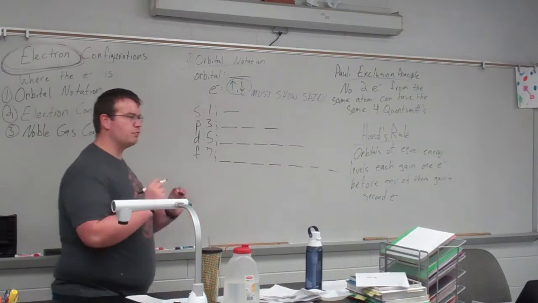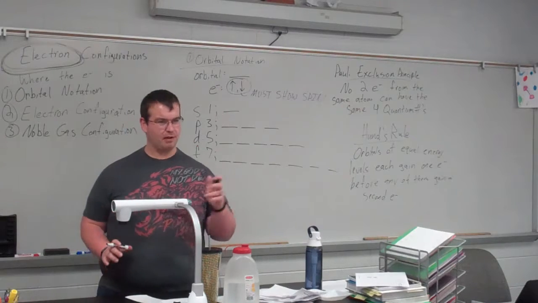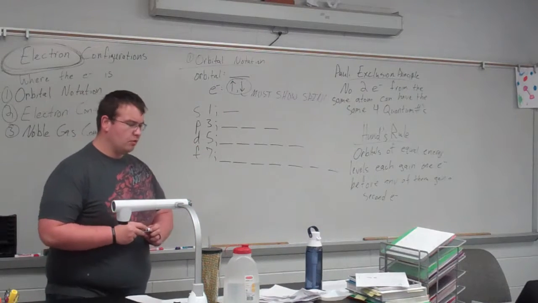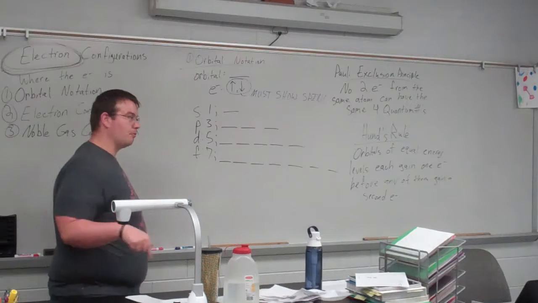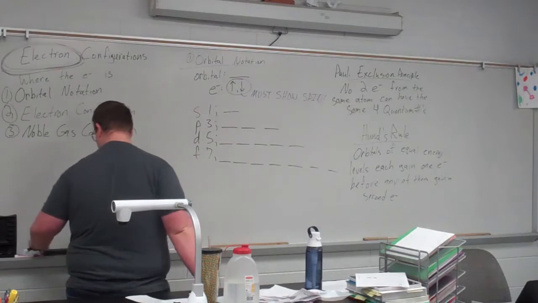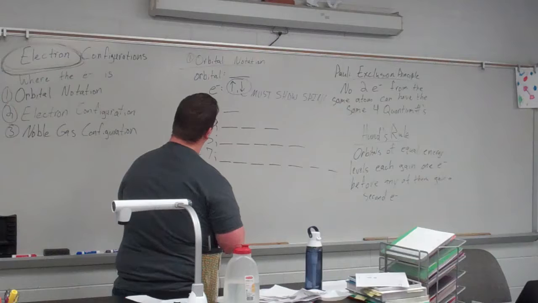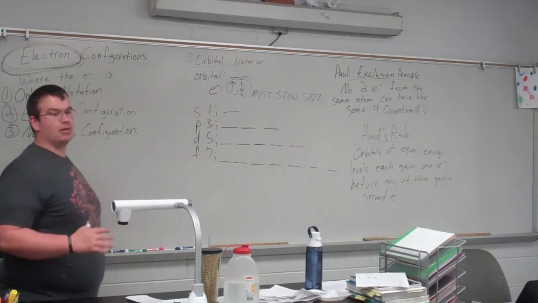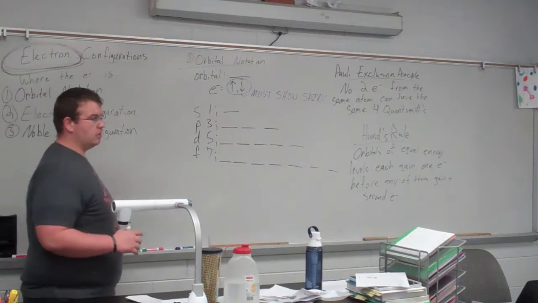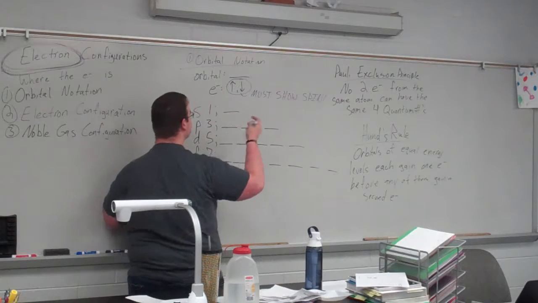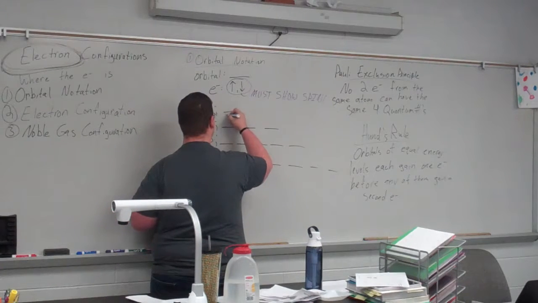Now here's the key whenever you're labeling these. You're going to find out what I'm talking about labeling in a second. Whenever you're labeling these, you better label them properly. You label them in the middle. For the S, it doesn't matter. There's only one, so you just label it right there.